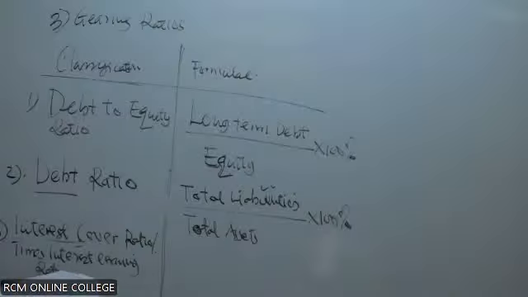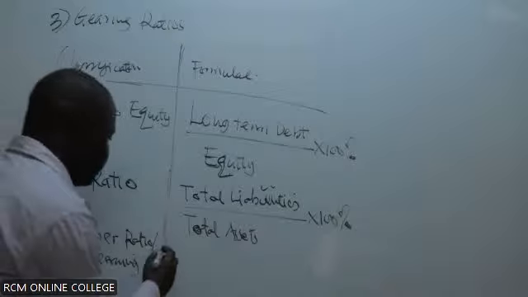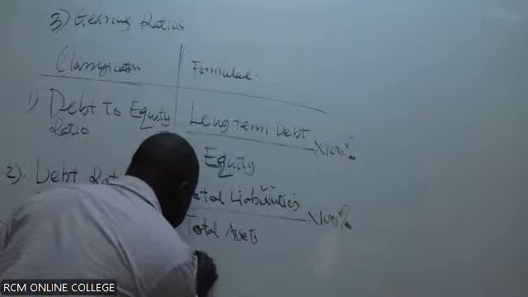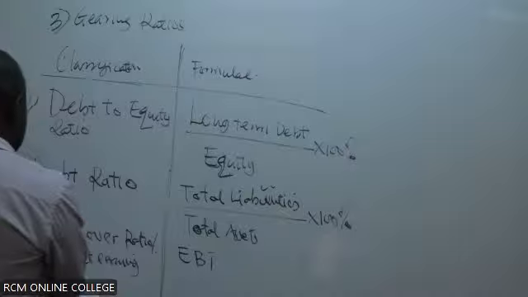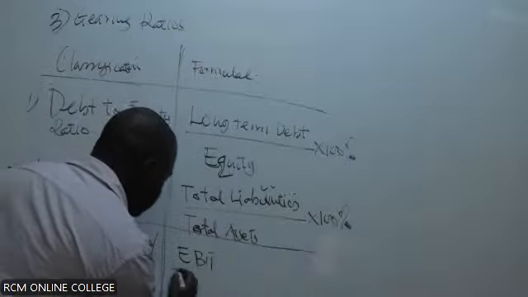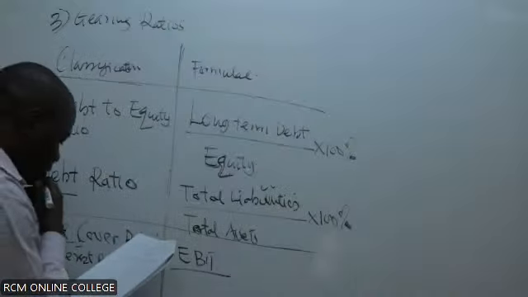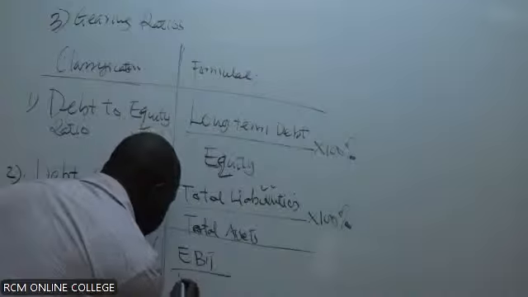To get the interest cover ratio, you take the EBIT, and you divide by interest expenses. So this is the formula: EBIT divided by interest expenses.